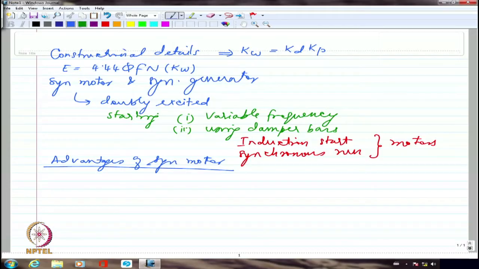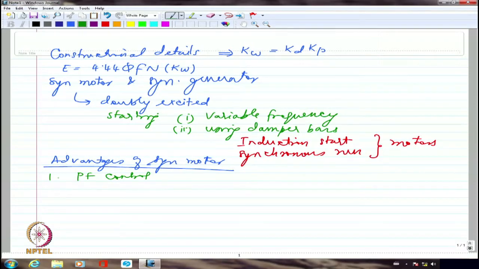If you look at synchronous motors, one major advantage I am going to have is power factor control, because I am exciting it from both sides. So, the flux what I am providing from the rotor side can be just sufficient. It can be a little more than what is needed. It can be a little less than what is needed.